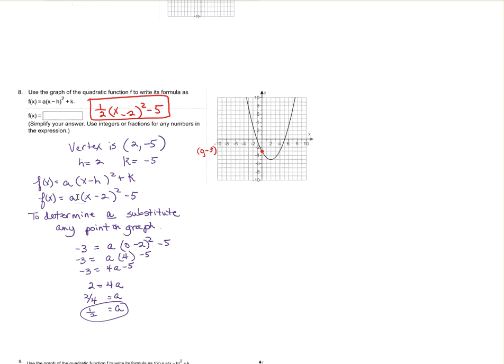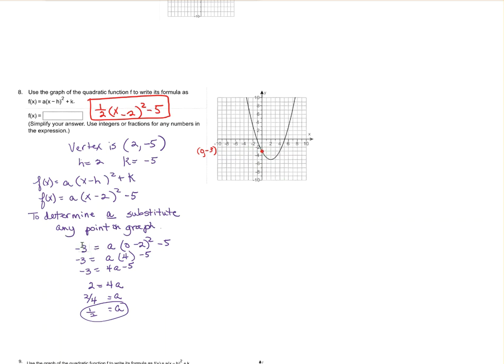F of x equals a times x minus 2 squared minus 5. We have to figure out what a is. We can substitute any point that's on the graph, so we get an x and a y. I chose 0 and -3 because I see that right there. You could choose any point that you can tell what it is.